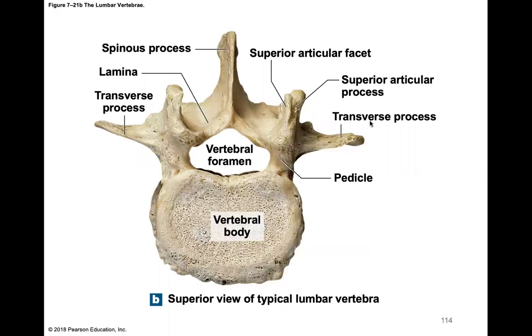Here you can see. One thing I want to point out is that the vertebral foramen of the lumbar vertebrae and that of the cervical vertebrae is much larger than the vertebral foramen of the thoracic vertebrae. And when we talk about the spinal cord in the nervous system, you're going to see that the spinal cord actually enlarges in a cervical region and a lumbar region.